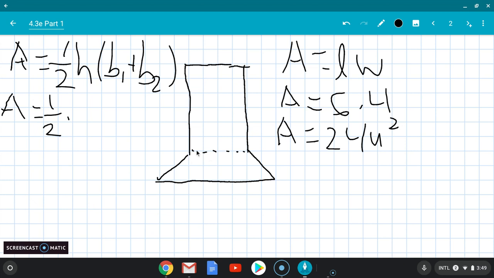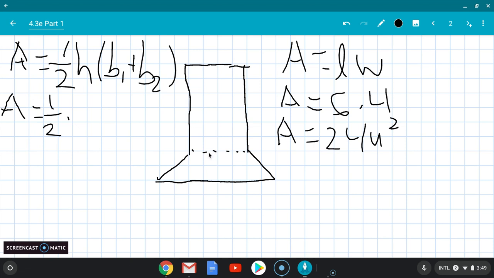We kind of have to imagine this dashed line as the side of the trapezoid, even though it's not really a side of the figure. This is going to be one of our bases, and so is this. This is a side of the composite figure, but it is also a base. These two are our bases because they're parallel. So the set of parallel sides in the trapezoid count as your bases. Your height is the distance between them.